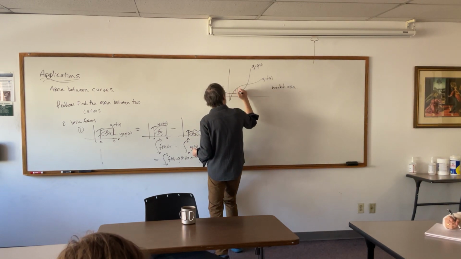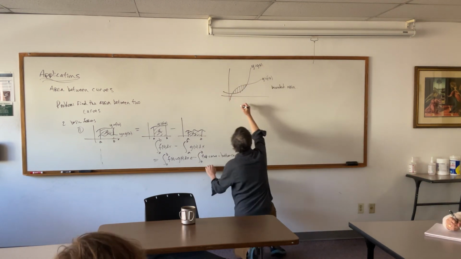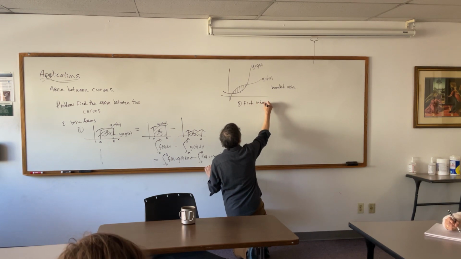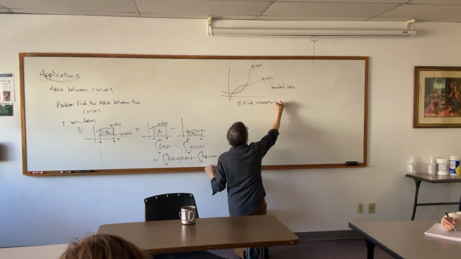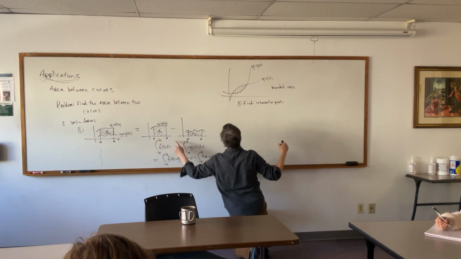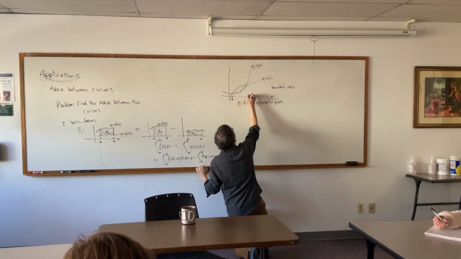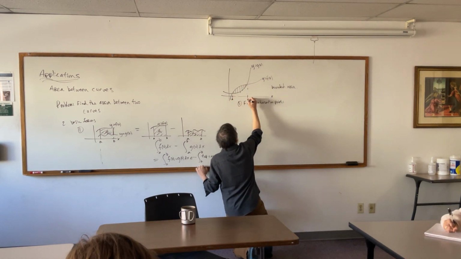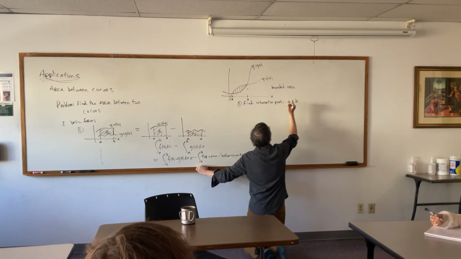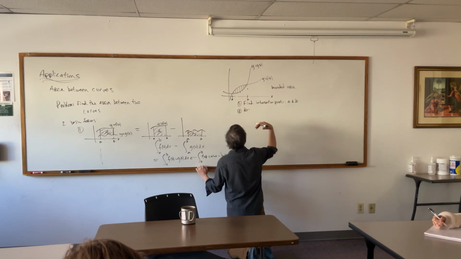But for this region right here, what I need to do is, one, find the intersection points. So I really have to create my own limits for the x values here. I have to find that intersection there, and that intersection there, A and B. And then two, determine which curve is on top.